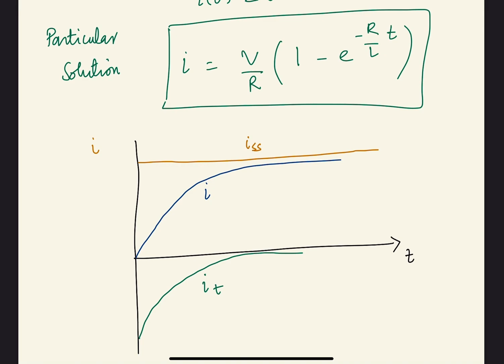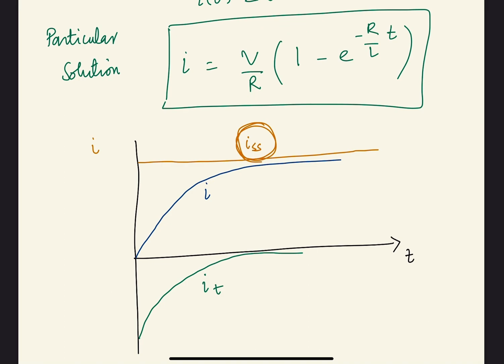This is the actual evolution of current. So this waveform has two components. One is the I_SS, which is the steady state component, which we also can see from this term, that is V by R times this term, which is independent of time.